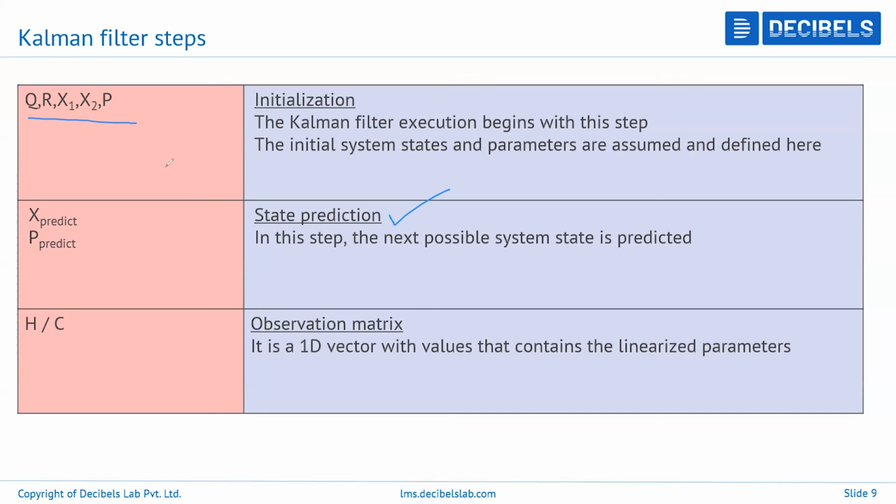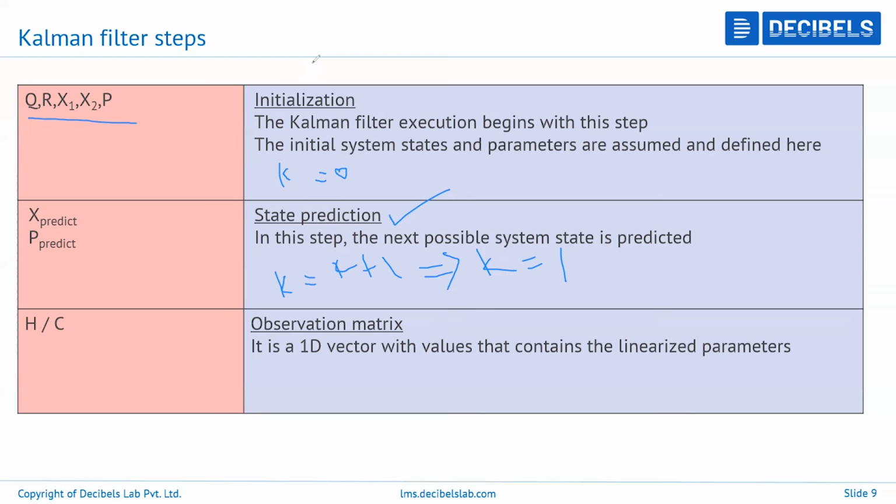If we start the initialization with k equal to 0, then this step predicts the possible system state at k plus 1, or here you can consider k equal to 1. So this is the second step.